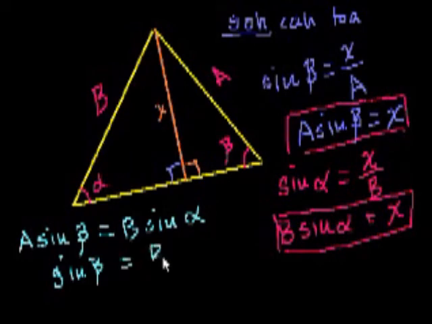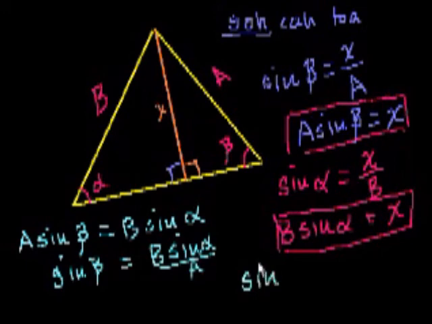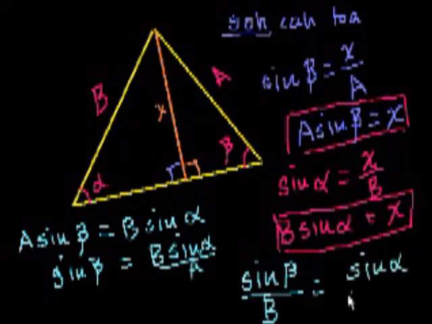And now if we divide both sides of this equation by A, what do we get? We get sine of beta is equal to B sine of alpha over A. And now if we divide both sides of this equation by B, we get sine of beta over B is equal to sine of alpha over A. So, as a result, you get what is called the law of sines.